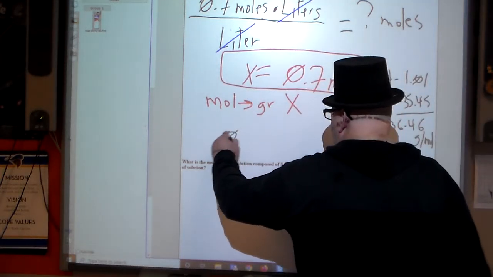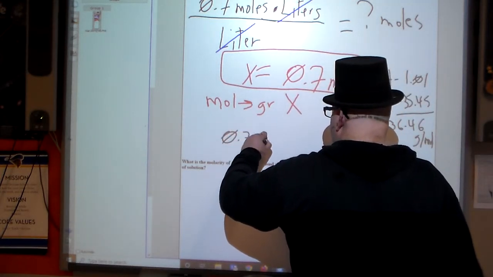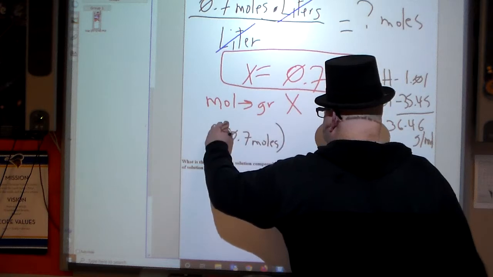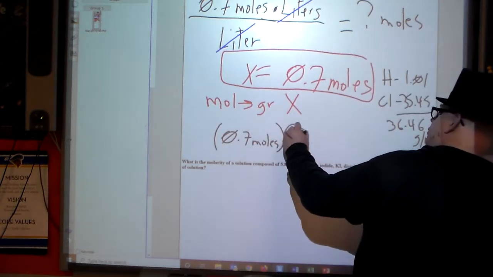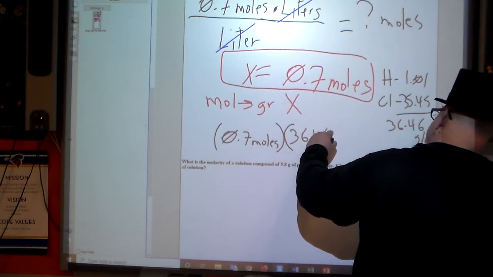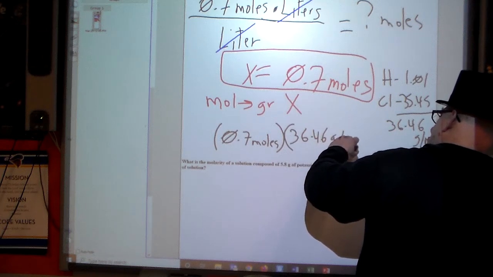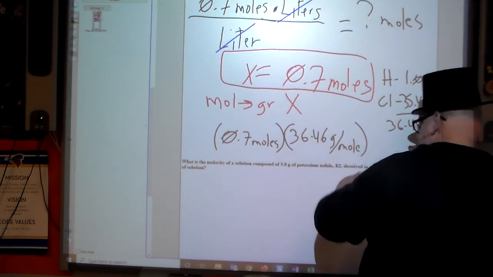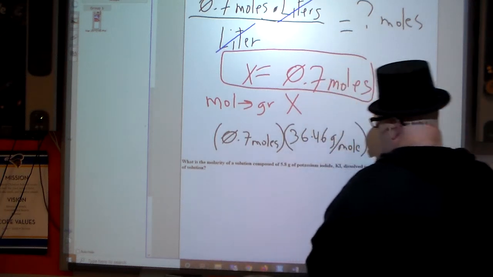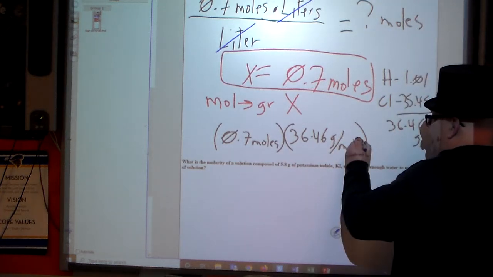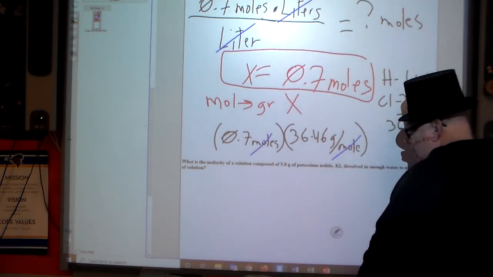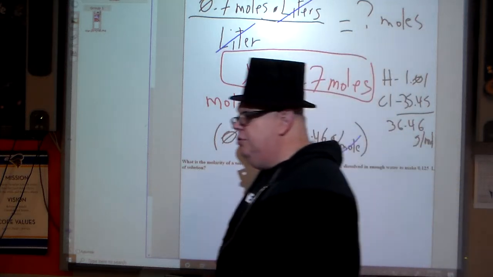So now I got 0.7 moles multiplied by 36.46 grams per mole. And look at that! The moles cancel each other out again, so we're left with grams.